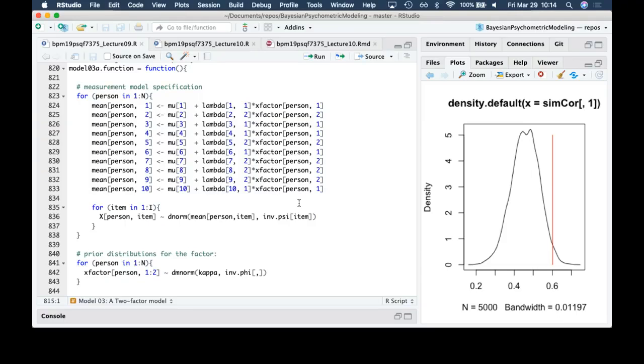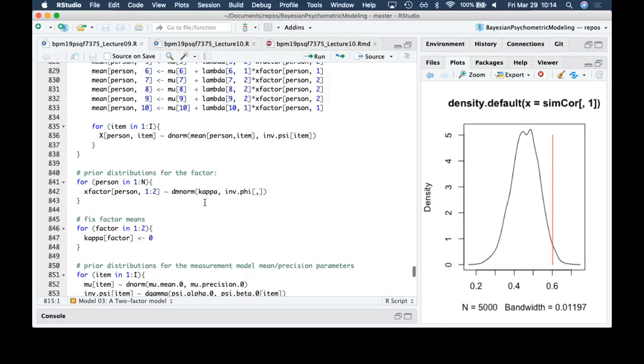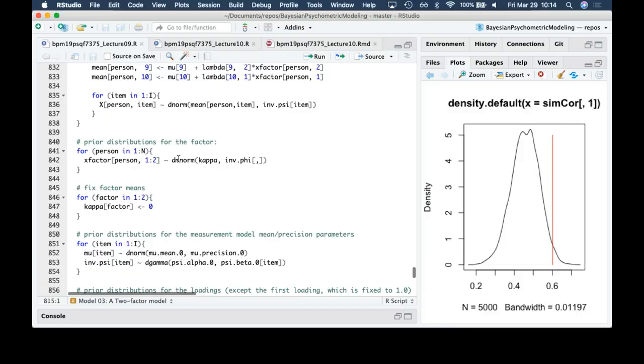So later on, the prior distribution for the factor, which was dnorm before where it was unidimensional, is now multidimensional. So it's dmnorm with some type of factor mean and inverse factor covariance matrix. The factor means were fixed to 0 right here.